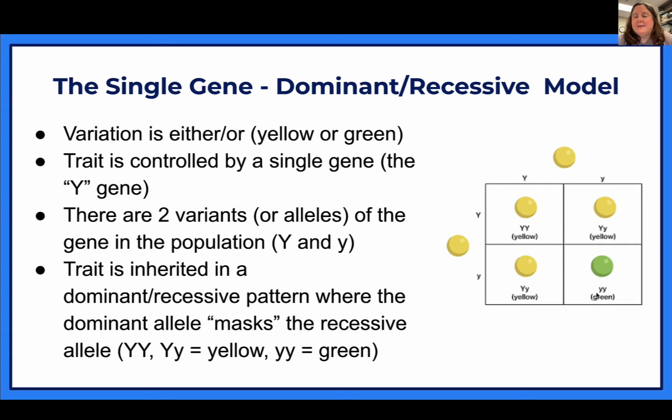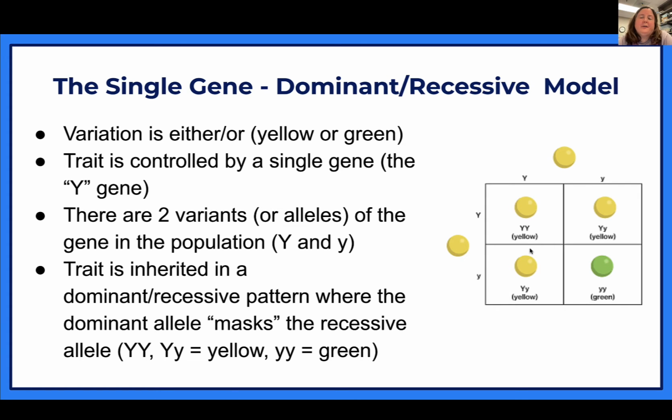That tells us that little y is the variant of the allele for green. Capital Y is the dominant one, and it codes for yellow. So for the gene for color of pea plants, there are two alleles, yellow or green: capital Y codes for yellow and lowercase y codes for green.